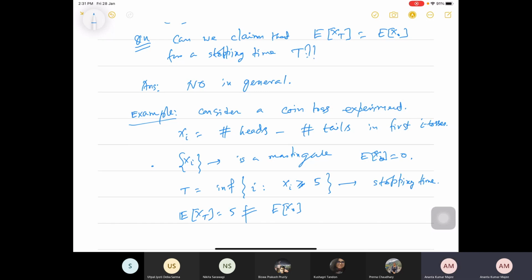So that means for any stopping time T, in general we cannot say that the expectation of X_T is equal to the expectation of X0, even if X is a martingale. So what kind of conditions do I need? In particular here, you see this T actually has expectation of T infinite.